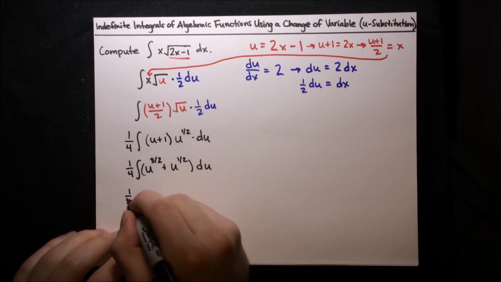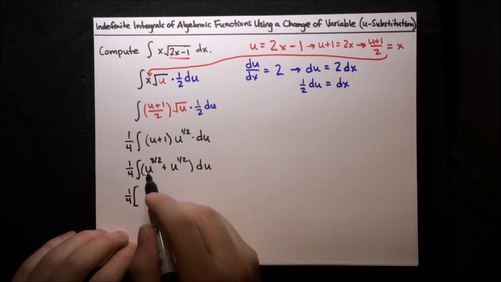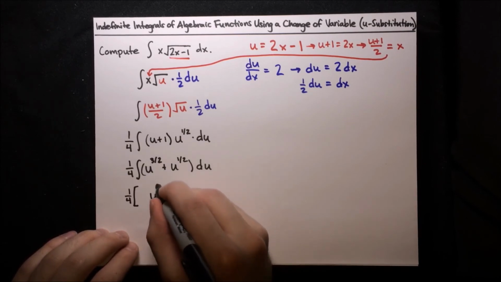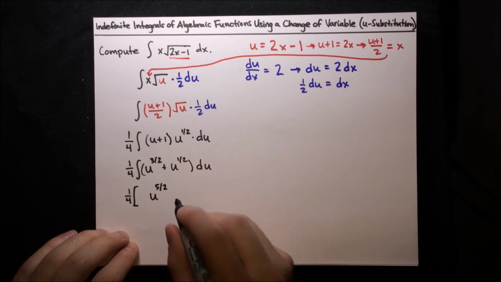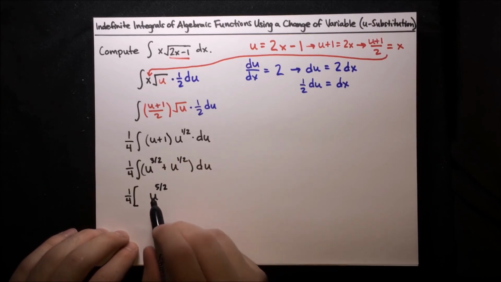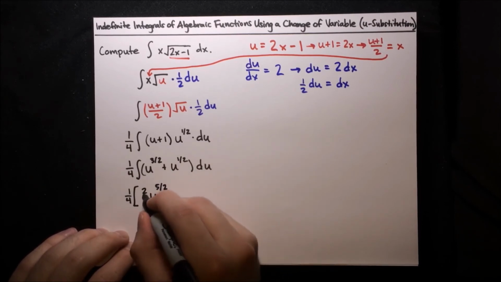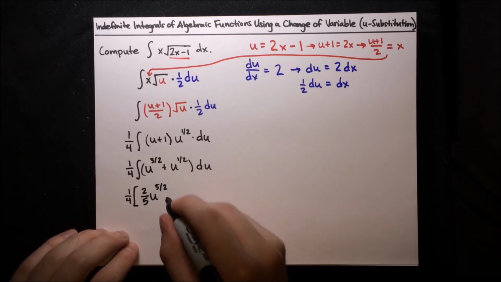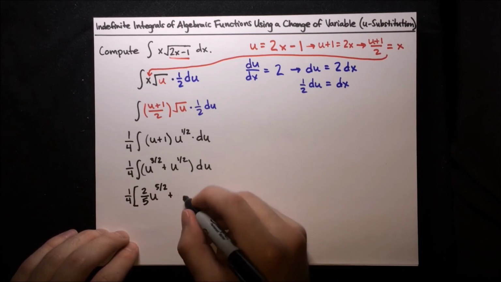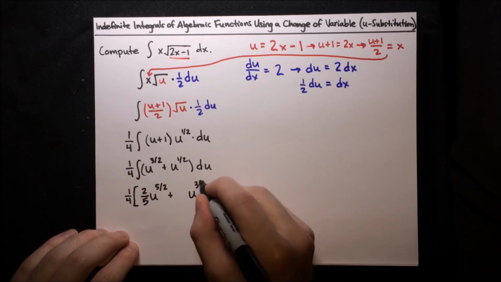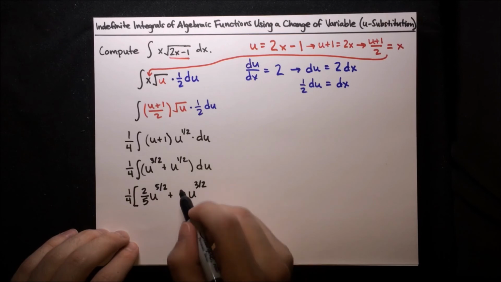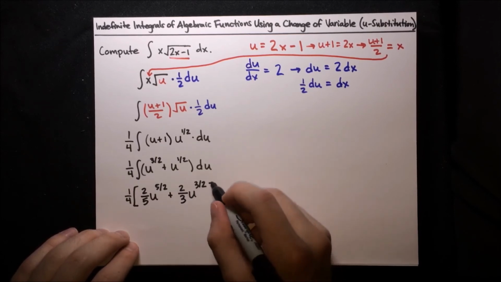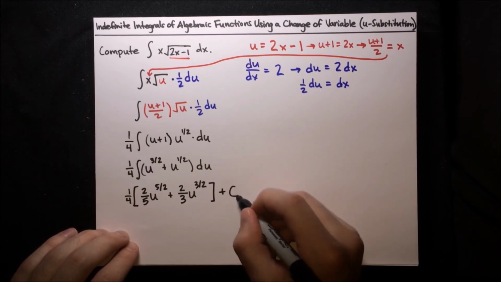Now we can just solve this integral using the power rule. So a fourth on the outside, then u to the 3 halves, just increase the power by 1, so u to the 5 halves, and then multiply by the reciprocal of that to cancel it out, so 2/5 u to the 5 halves, and then the second term, again increase the power by 1, so u to the half goes to u to the 3 halves, and then multiply by the reciprocal, so times 2/3, and then lastly add our constant of integration.